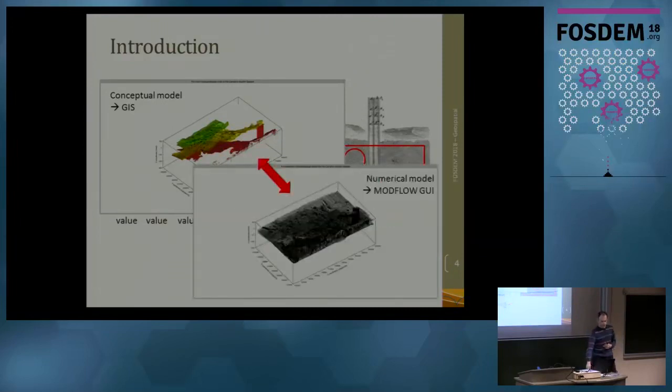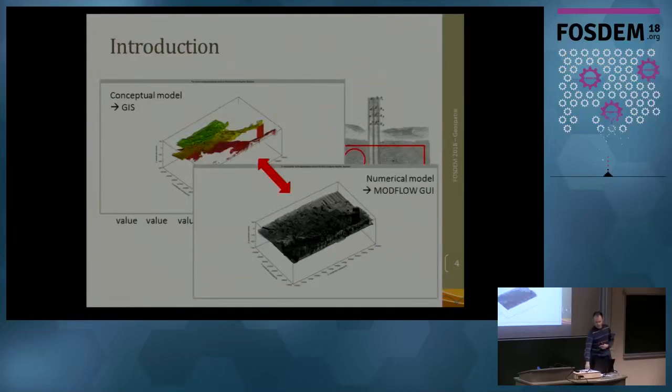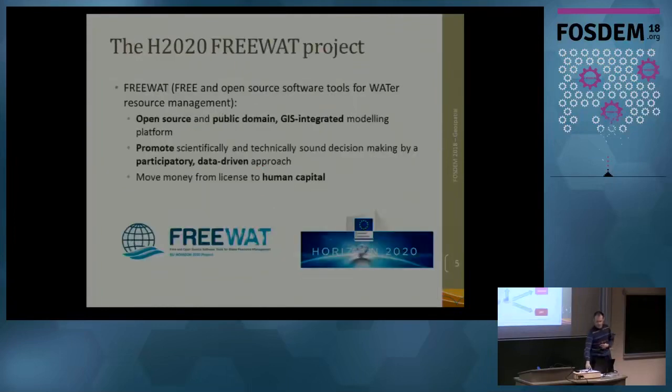Then the usual practice is that you do that in a GIS and you take those results and insert them in a graphical user interface that solves this equation. You build a numerical model in different software. There is some software available that can do both, but in my daily practice we have to switch. And that's what is very nice about this tool: it integrates both the GIS and the solver.